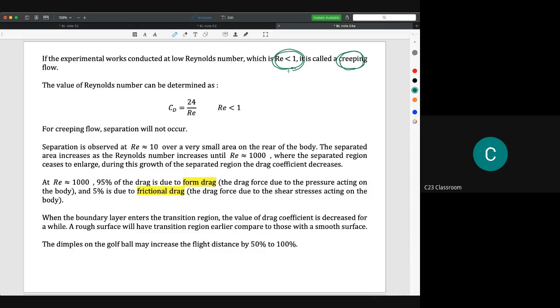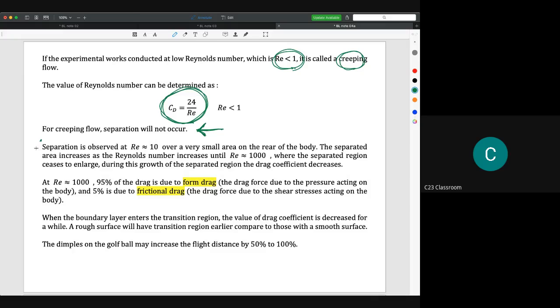The calculation for CD for creeping flow is 24 over Reynolds number, and this equation is almost fixed. Because the changes are not so different, we can predict CD as 24 over Reynolds number. For creeping flow, there is no chance for separation to occur.